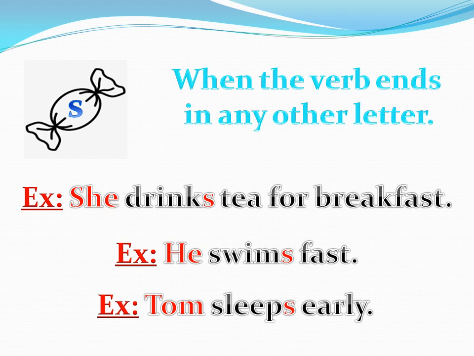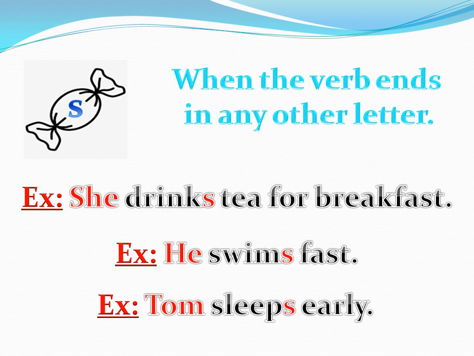Okay, so if the verb doesn't end in X, O, S, double S, or double X, or SH, or CH, or it doesn't end in Y, and before the Y there is a consonant, here in this case we add only S, like drink, drinks, swim, swims, sleep, sleeps.